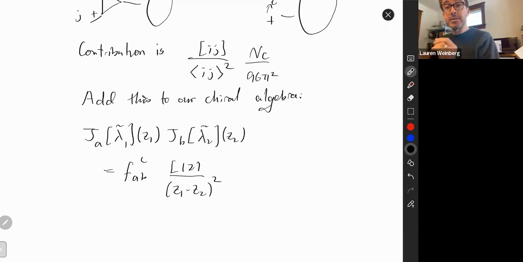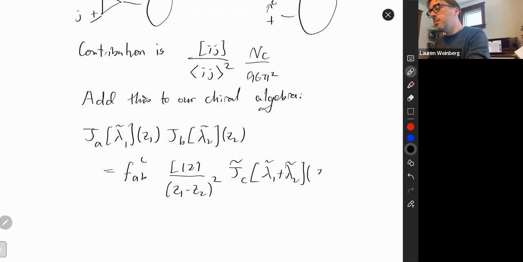So now we find there's a second order pole in our OPE, J tilde c. Here we're going to have half c1 plus c2.